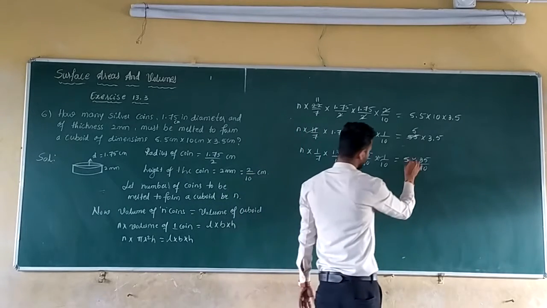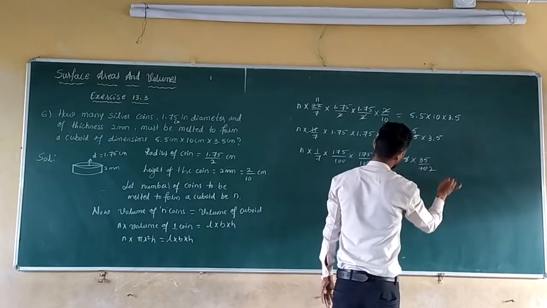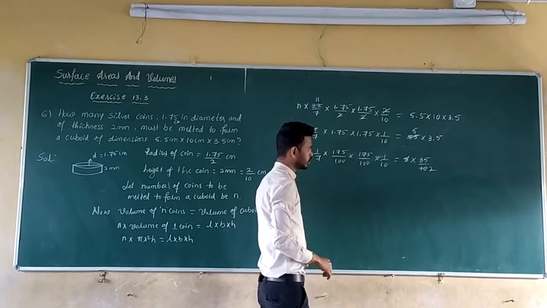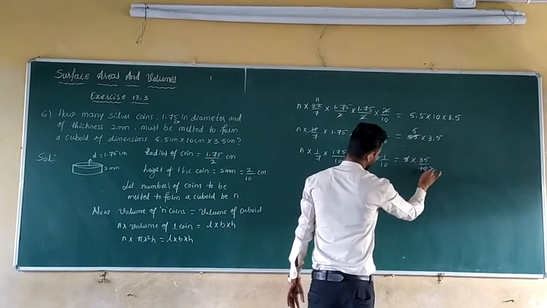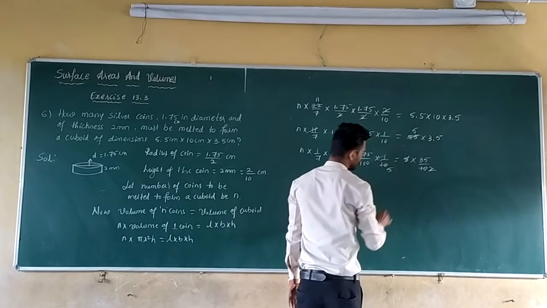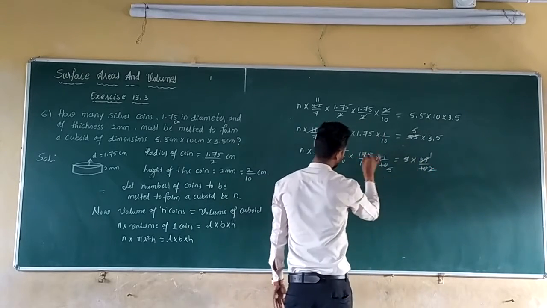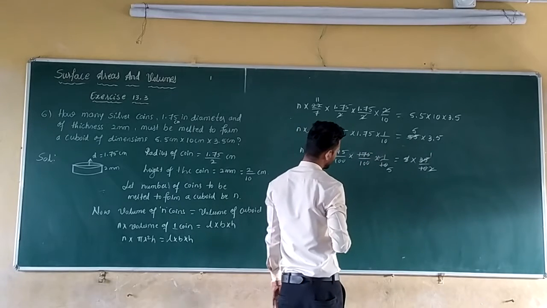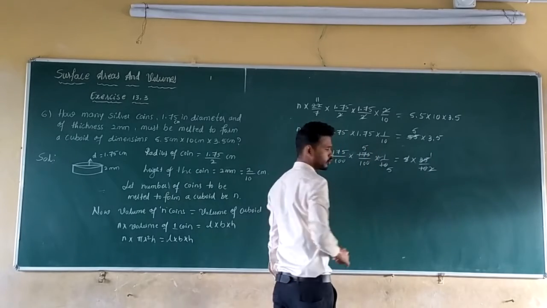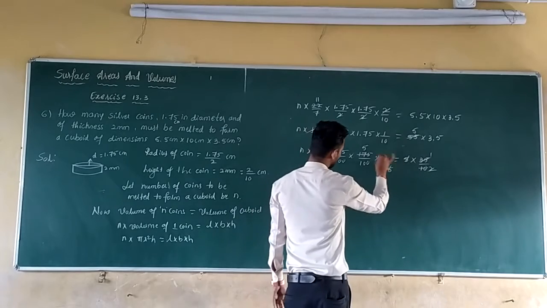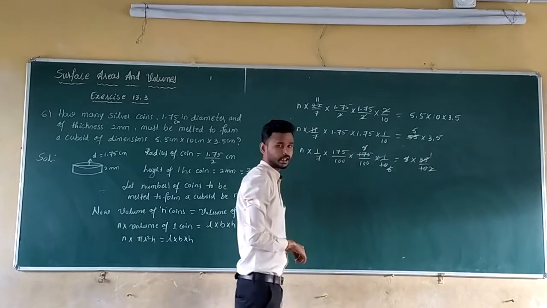So here 5 ones are 5, 2 fives are 10, next 35 fives are 175, next 5 ones are cancelled.